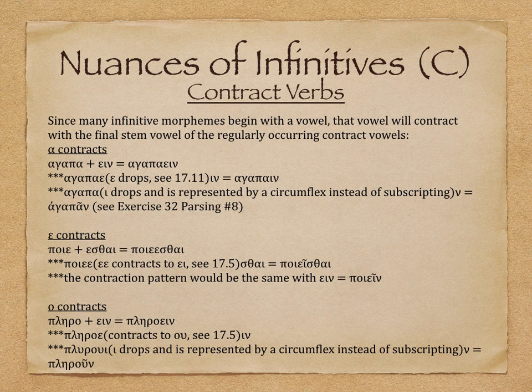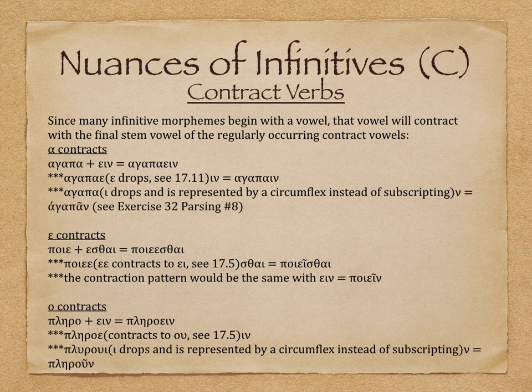And what we can see here, poiesthai. The contraction pattern would be the same with ein, poiein. So that epsilon epsilon equals epsilon iota. Omicron contracts, omicron plus epsilon.